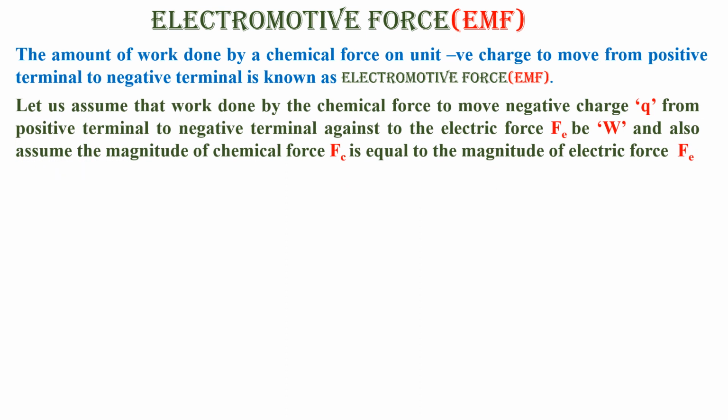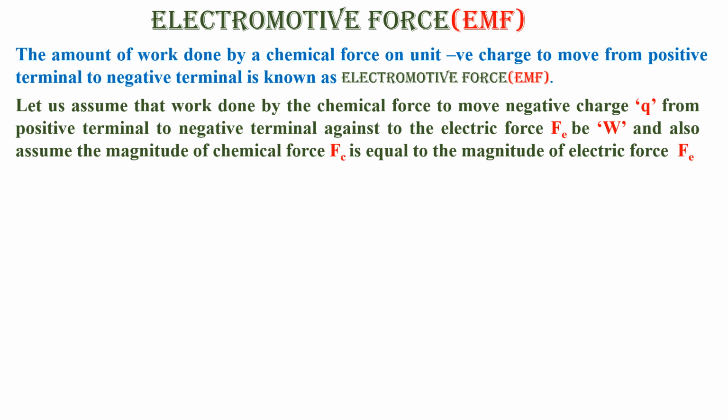Let us assume the work done by the chemical force to move a negative charge. We denote the negative charge by the alphabet Q. Let us assume the work done by the chemical force to move negative charge Q from the positive terminal to the negative terminal against the electric force. I told you previously that electric force and chemical force are opposite to each other, right?